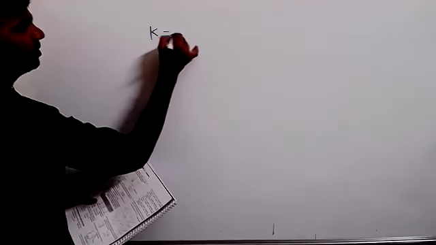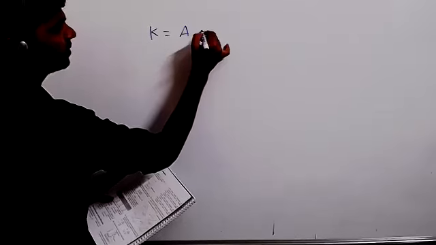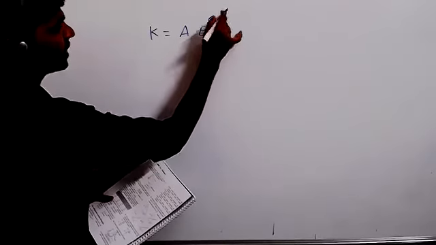Next, 44. According to Arrhenius equation, rate constant K is equal to A into e power minus Ea by RT. Which of the following options represents the graph of ln K versus 1 by T? Arrhenius equation is K equal to A into e power minus Ea by RT.